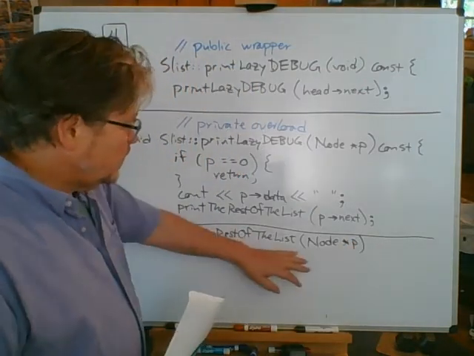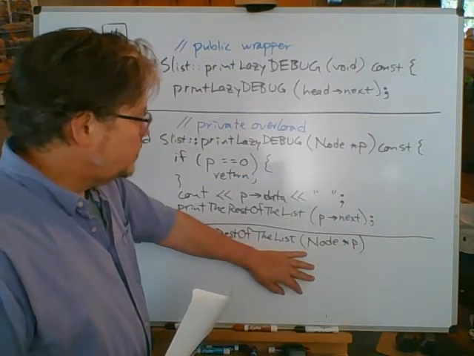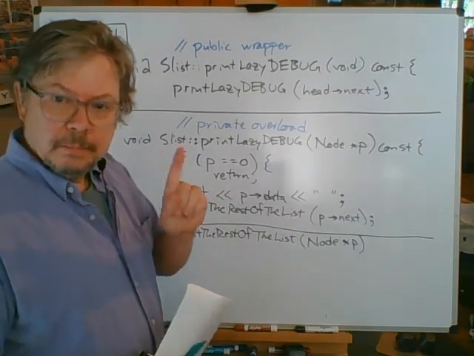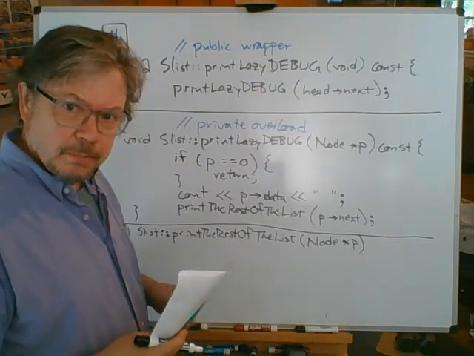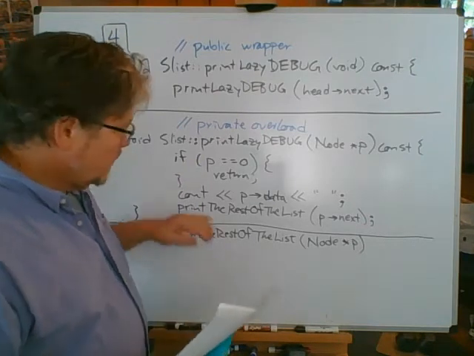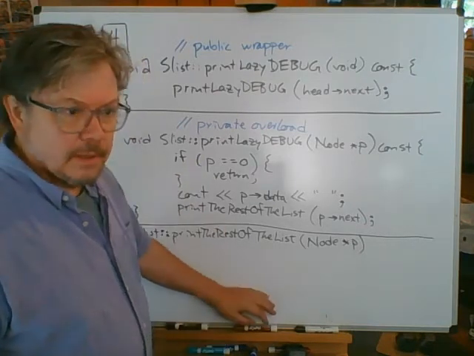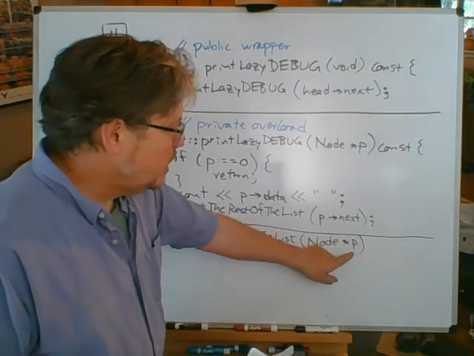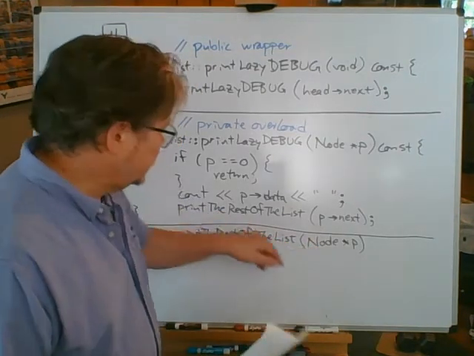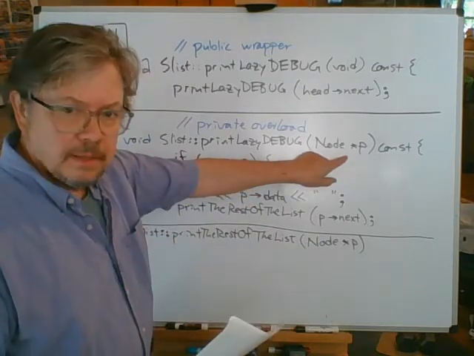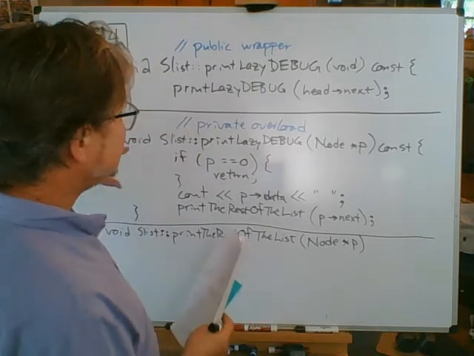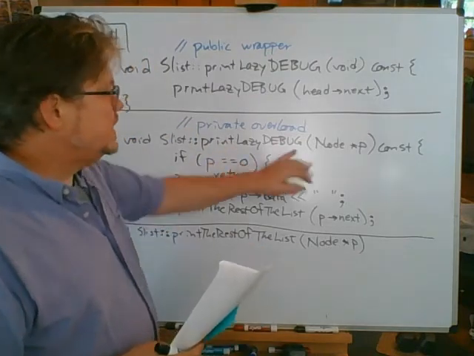and you think, no, you can't do that. p is already used as a variable name. Remember from the core image, the program image in memory, every time we call a function, it starts all over again, making up the local variables and parameters and everything. So this variable p right here is a completely different memory address than this variable p right here. This is within that comfortable confine of the stack frame for the print lazy debug function.